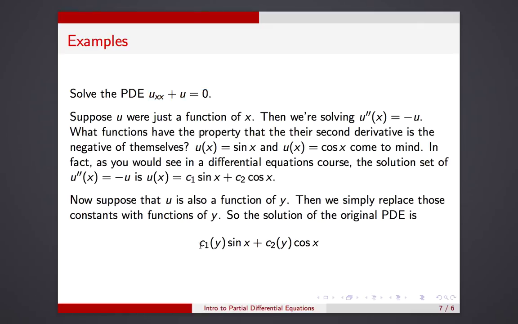So you can check here. If you plug this into here, you will get something true. The partial with respect to x, I get a c1 of y cos x minus c2 of y sin x. And if I prime that again, I get a negative c1 of y sin x minus c2 of y cos x.